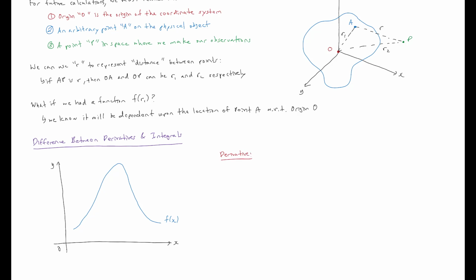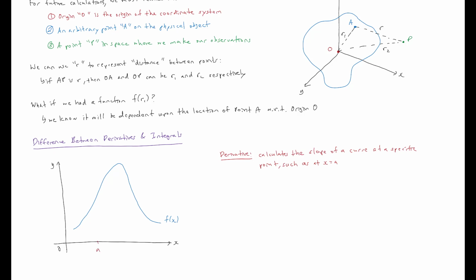So a derivative is where we calculate the slope of a curve at a specific point. So, such as at x equals a.